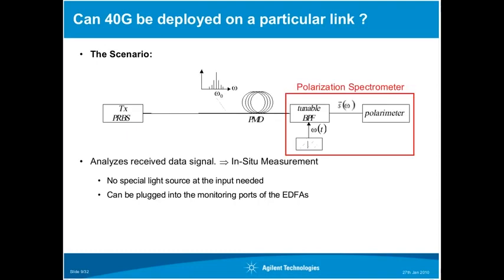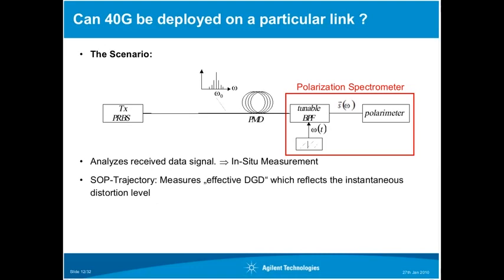So I'm going to show you how that works. The basic approach is we are using a polarization spectrometer. You don't have to fully understand how that works. You can just remember that a PMD link is manipulating the polarization state of your transmitted signal, and PMD is changing the spectral properties of your polarization state.